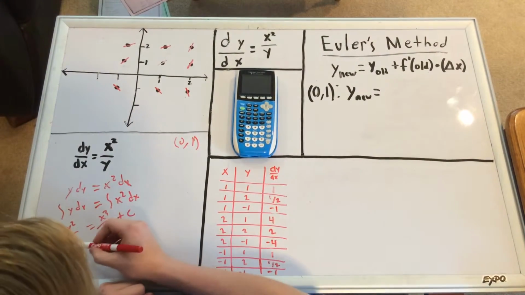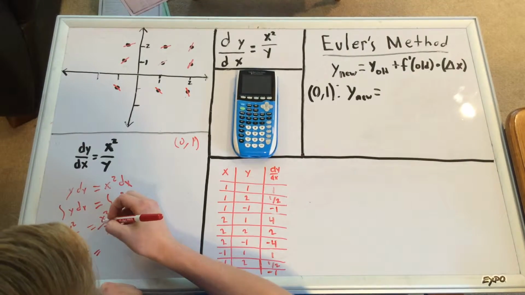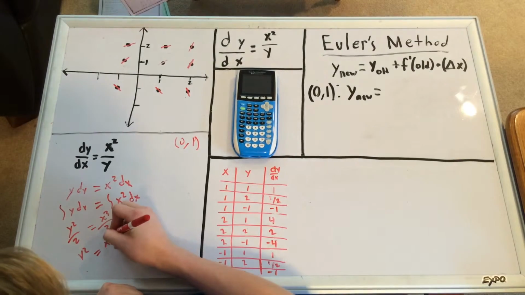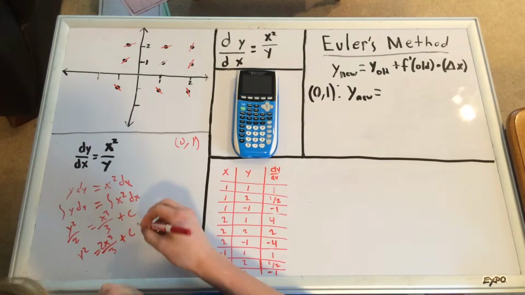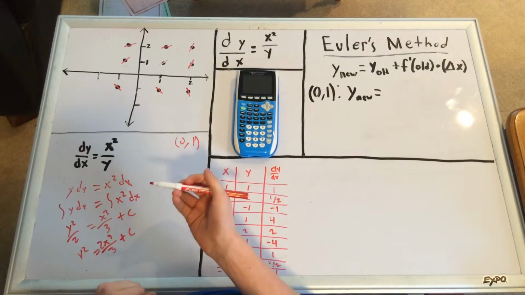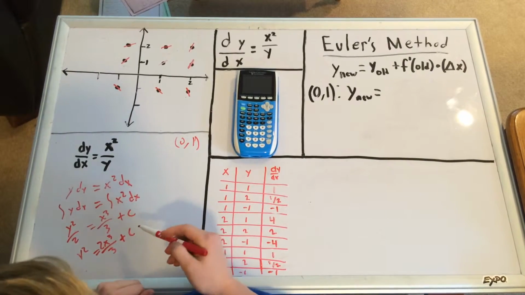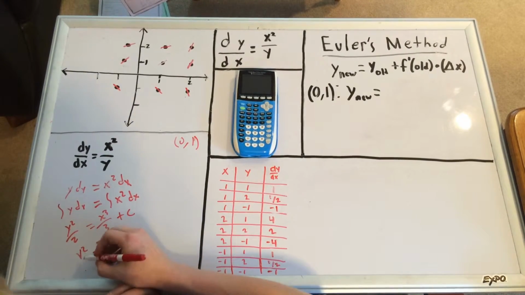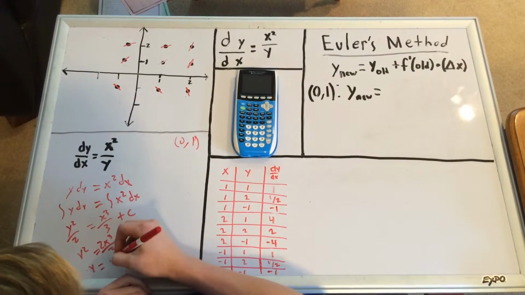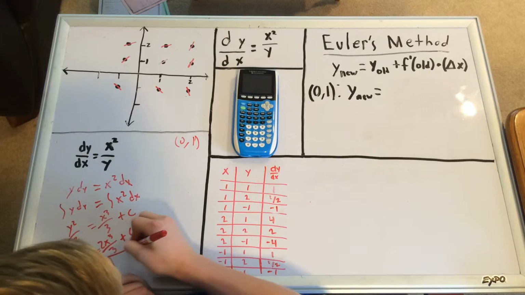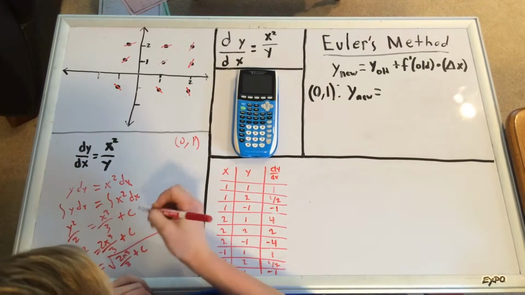Now, we need to multiply both sides through by the 2, getting y squared equals 2x cubed over 3 plus c. The c stays as a c because a constant times 2, with us not knowing what the constant is, is still a constant. So it stays as the c. Now we're going to take the square root of both sides, getting y by itself. So we'll get the square root of all of that, so 2x cubed over 3 plus c.